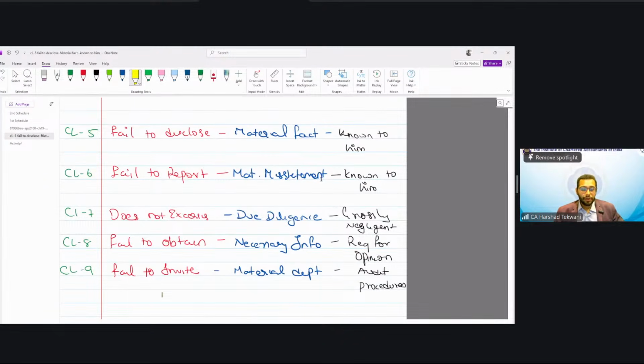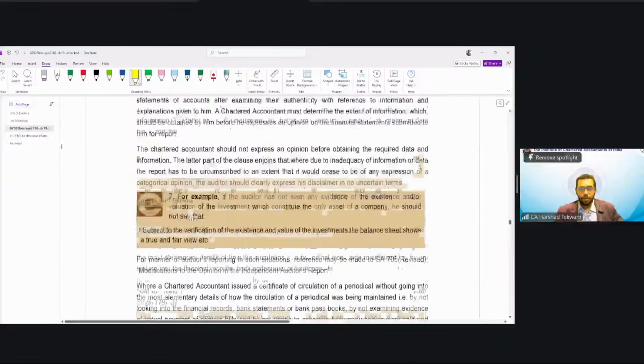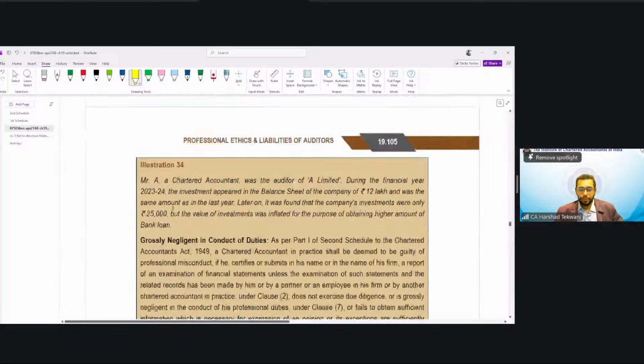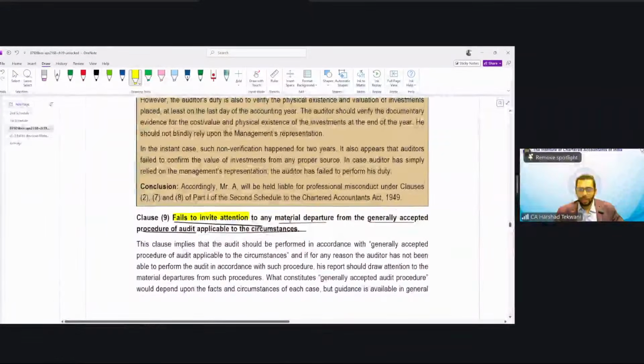Clause 9, fail to invite material departure from the generally accepted audit procedures which are applicable in the circumstances. Now, again, the question is: is there any departure from the audit procedures? If you read clause 9, it says fail to invite material departure from the generally accepted procedures of audit applicable in the circumstances.